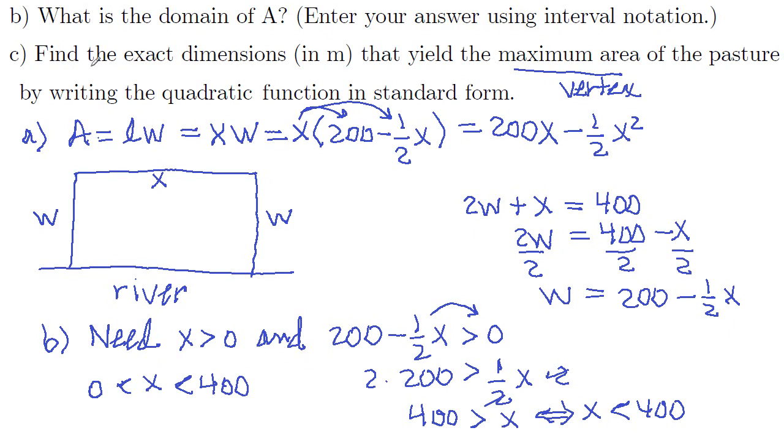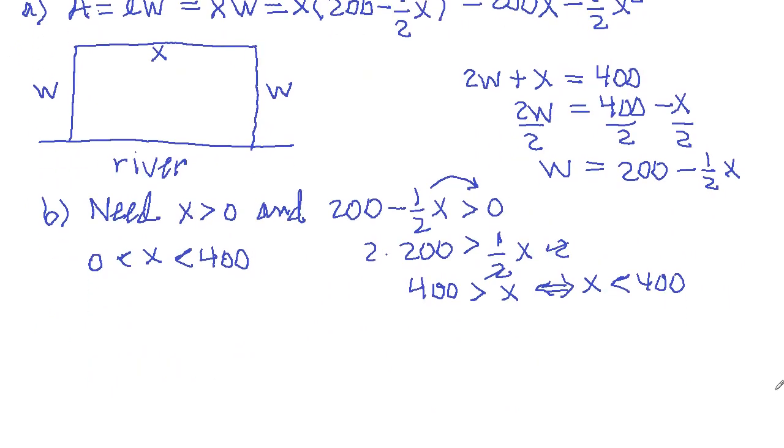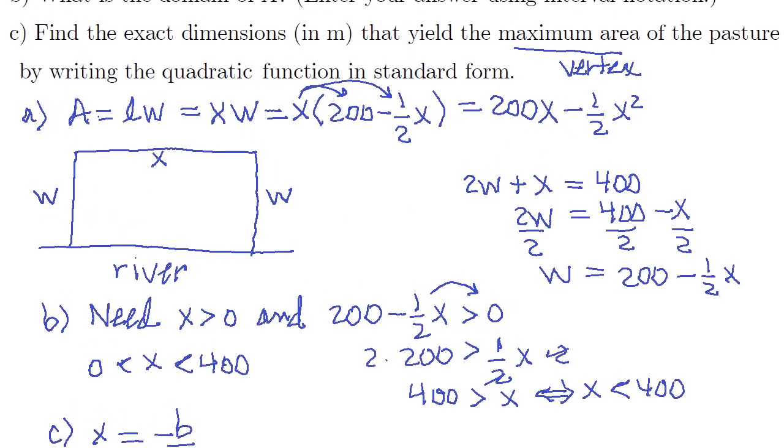And then part C, find the exact dimensions that yield the max area. So that's at the vertex. So for part C here, the x-coordinate of the vertex is negative b over 2a for our parabola. Now if we write it in standard form, we'd write -1/2 x squared plus 200x. So our a is -1/2 and our b is 200.